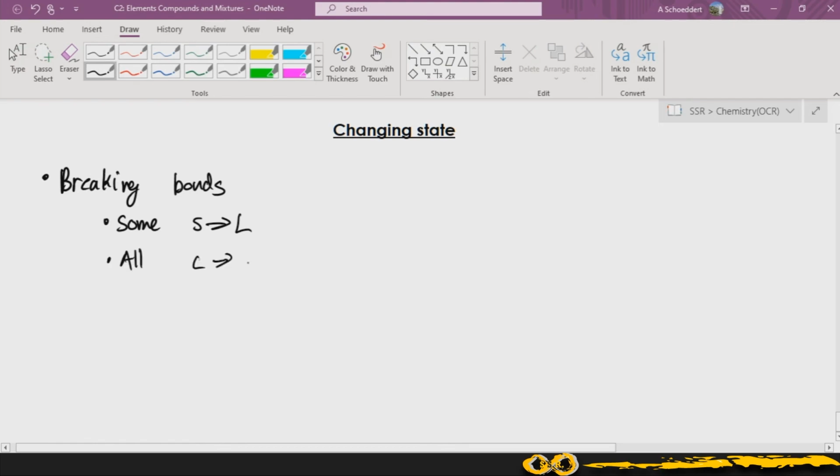So certain substances, for example oxygen, wax, other compounds like water, they will have low boiling and melting points, because they have weak intermolecular forces holding them together.